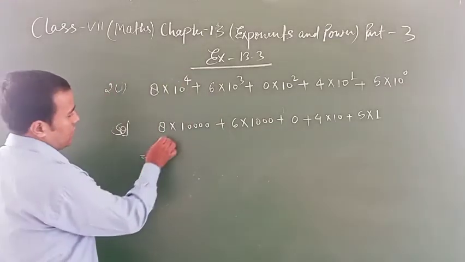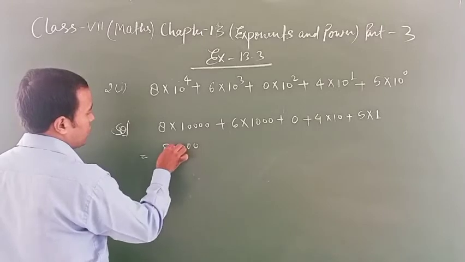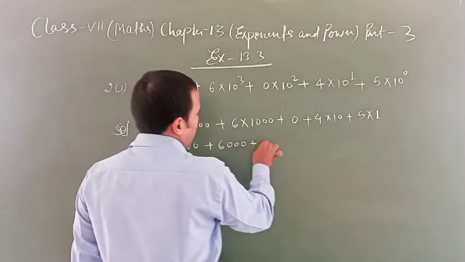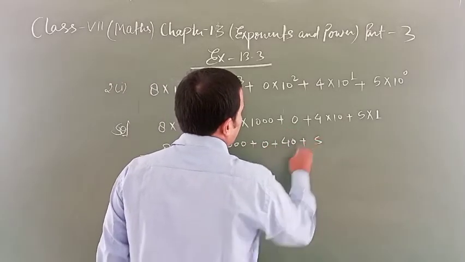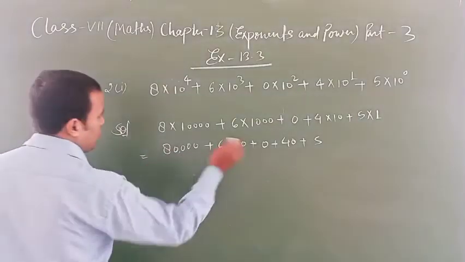After that: 80,000 plus 6,000 plus 0 plus 40 plus 5. You can add them like this.